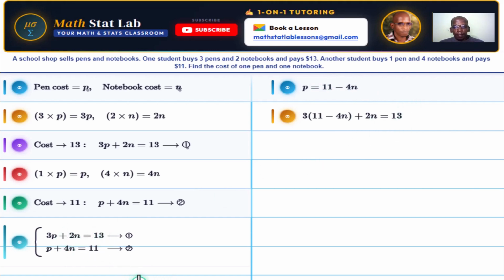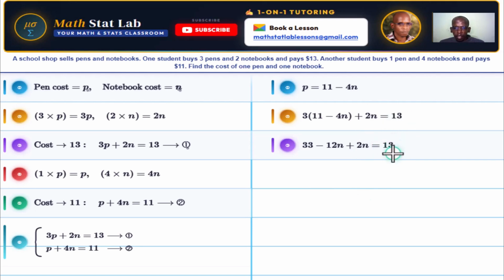Then from there, I can just go ahead and open these brackets by multiplying 3 by 11, which is, of course, 33, then minus 3 multiplied by 4N, which is 12N. And because this one was negative, of course, it remains negative. Then plus 2N is equal to 13.